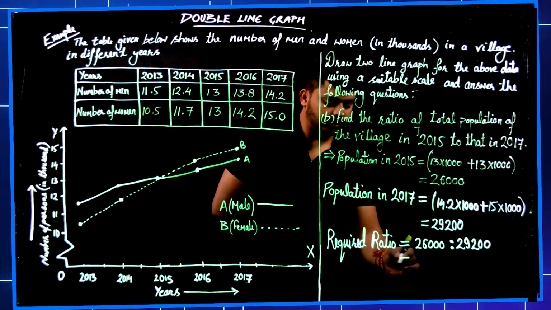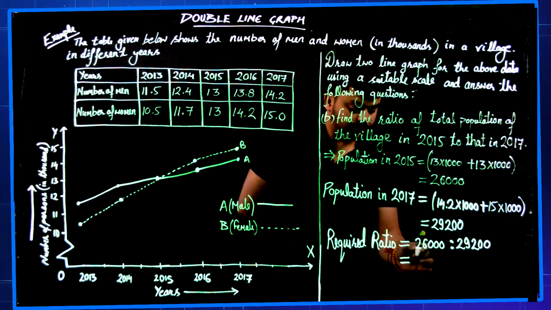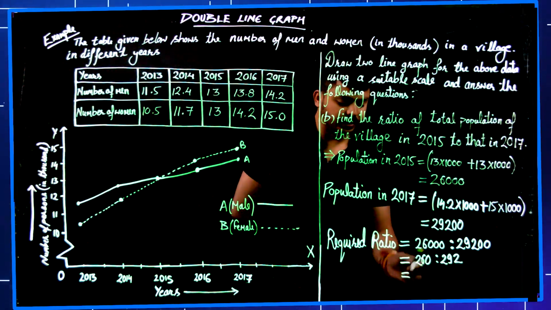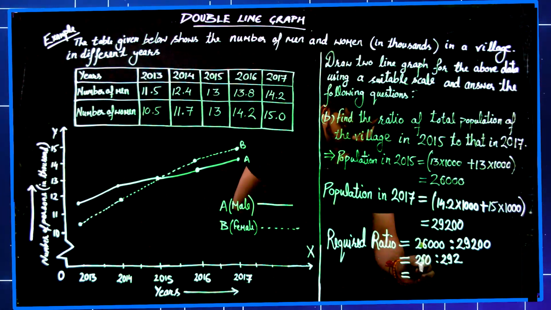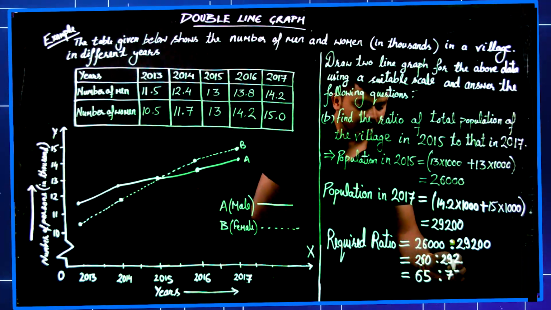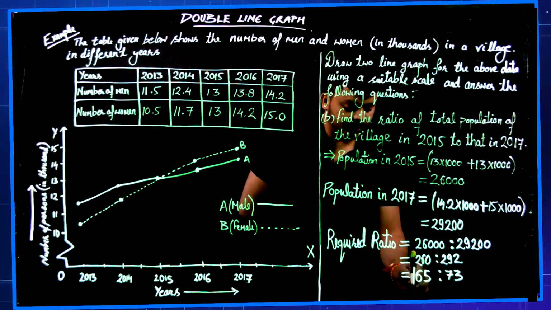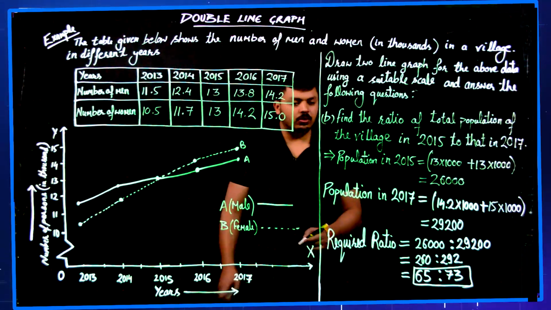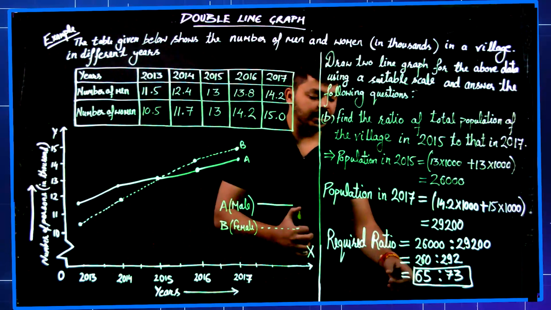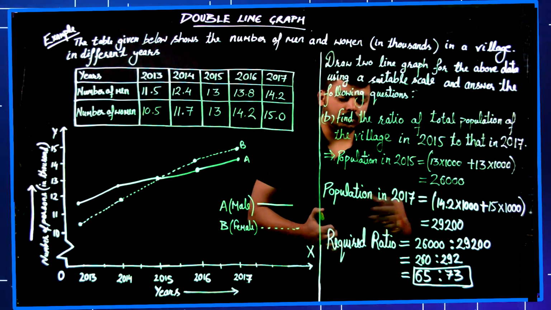When we simplify, we get 260 is to 292, and further we simplify, that is divide both sides by 4, we get 65 is to 73 as the required ratio. So this is the ratio of the population in 2015 to the population in 2017.